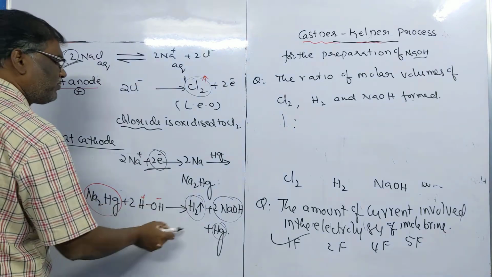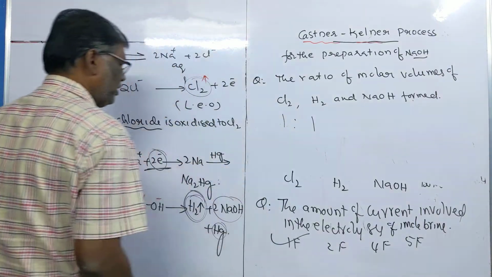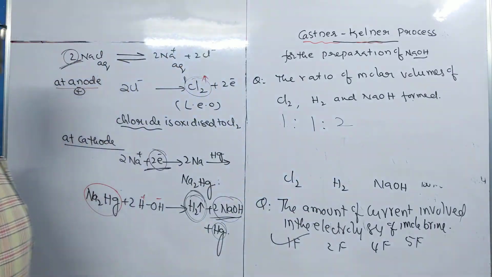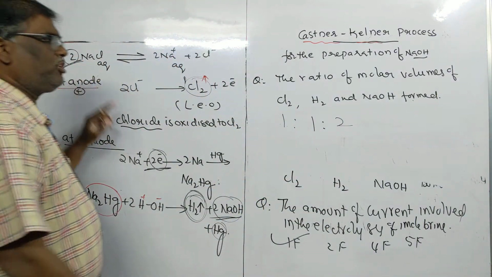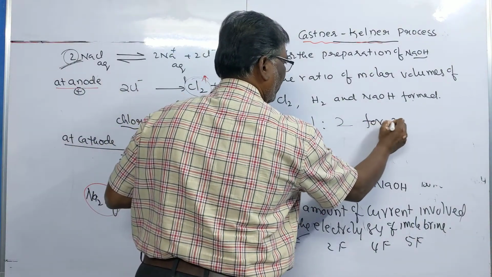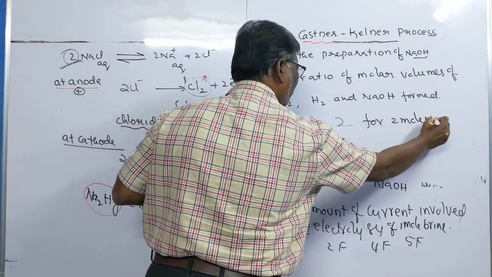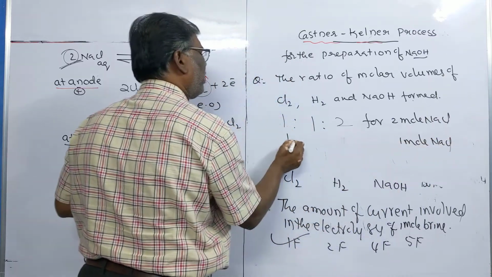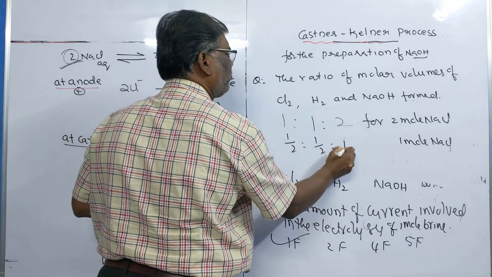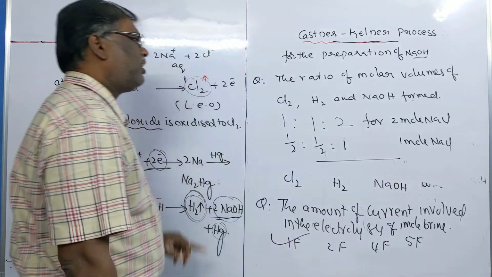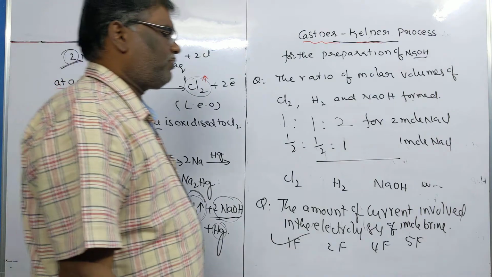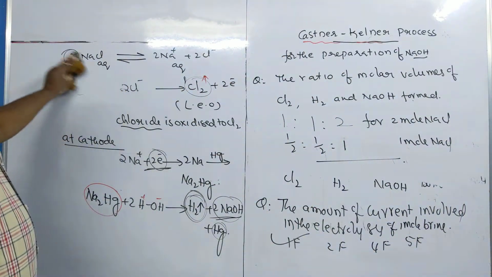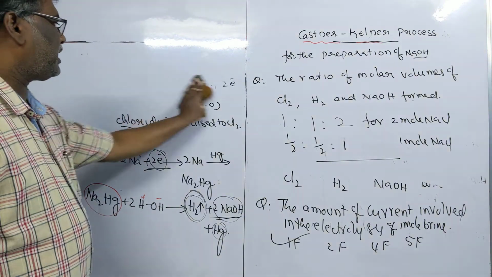How much hydrogen is formed? 1 mole. How much NaOH is formed? 2 moles. This is for 2 moles of brine. If we take 1 mole of brine, the ratio is 1/2 : 1/2 : 1. So this is the ratio of the molar volumes of chlorine, hydrogen and NaOH formed. Thus they will ask questions on this experiment.